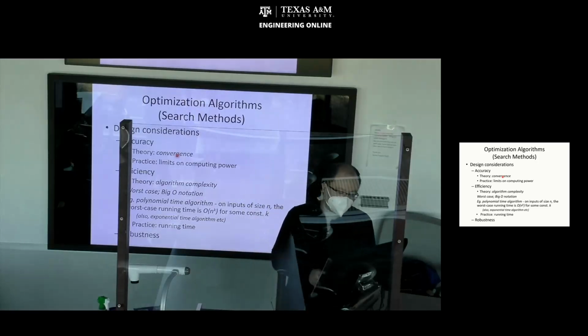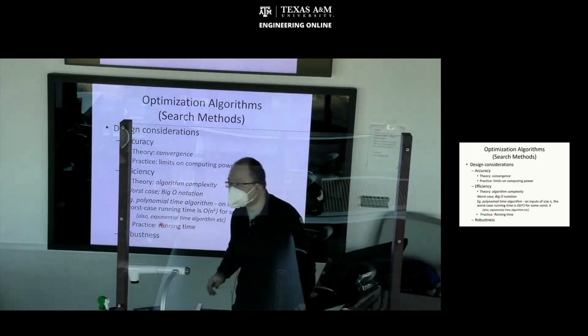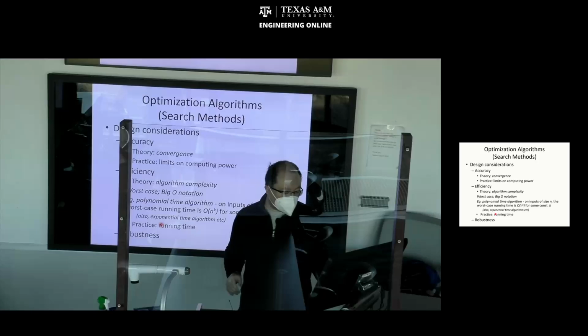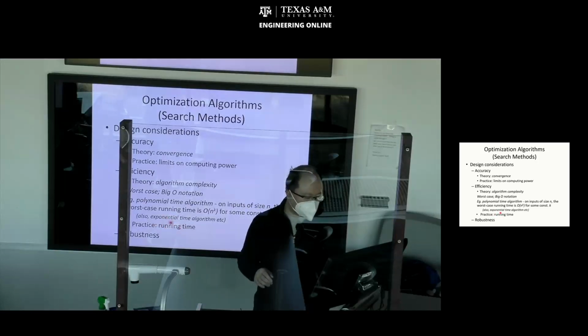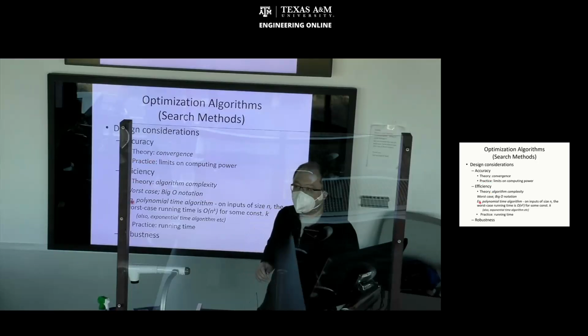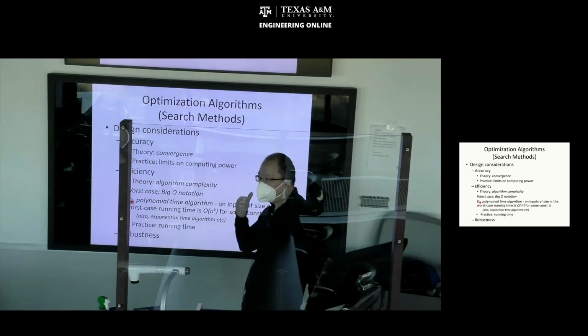And the practical measure for the theoretical time complexity is the running time, okay? In reality, this running time is limited by the computing power. So these theoretical concepts are really giving you a sanity check for your algorithm before you have to run it. Do you see what I mean?